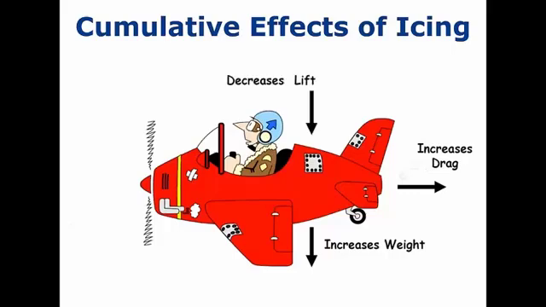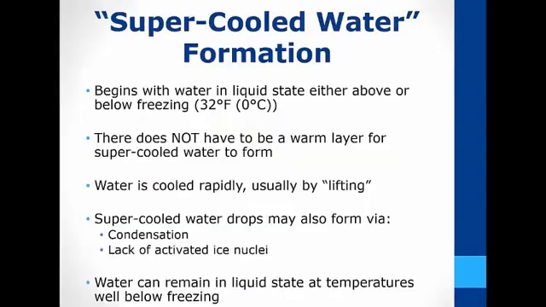It also decreases the amount of lift as you're not getting efficient airflow across the wings. And then finally, it decreases the thrust, as gravity pulls the aircraft down towards the surface, slowing your momentum through that area of icing in the atmosphere.